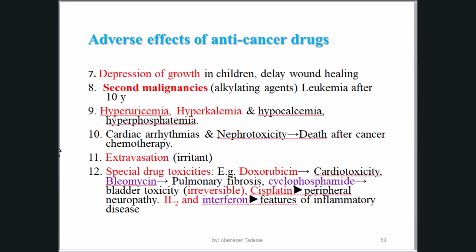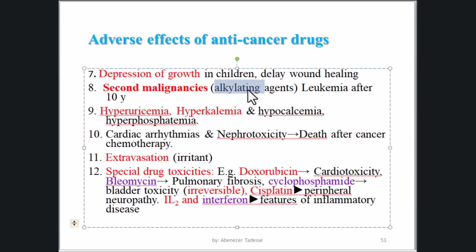The other one is use in children, which should be done with caution and with a different management strategy protocol. The other one, secondary malignancy, will be the major issue or challenge, especially with the alkylating agents, as well as leukemia after 10 years, and tamoxifen also results in endometrial cancer after some period of time.